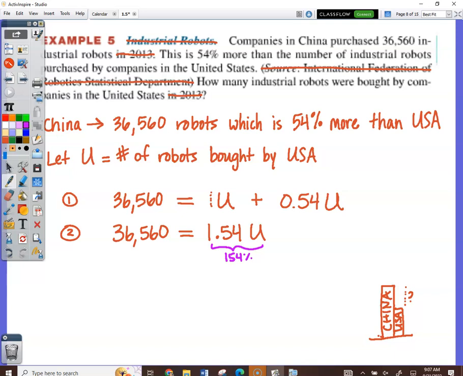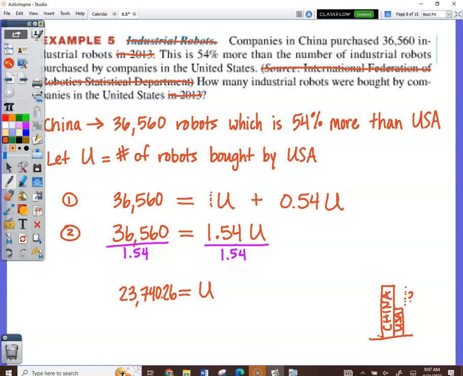But now it's just solved. Don't overthink it. You have a number equals a number times a variable. How do you get the variable by itself? You divide. And you should get 23,740.26. Now here's the problem.